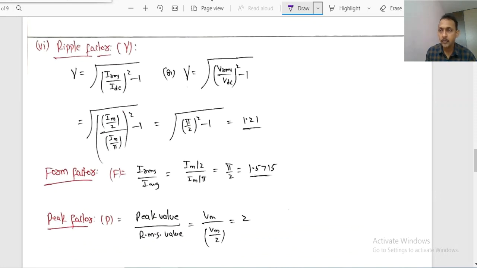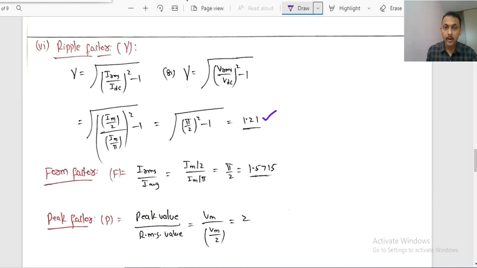Similarly, what about the ripple factor? It tells how much AC component is present in the output with respect to the DC component, as a percentage. For a half wave rectifier, even though the output is converted to DC, the AC component is more. It is around gamma equals 1.21, very high.